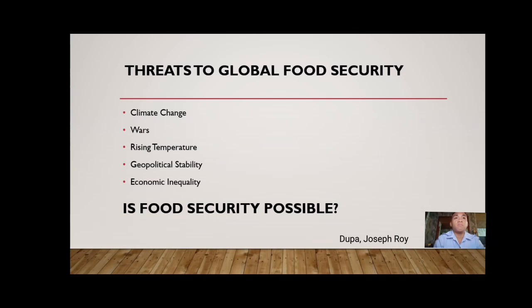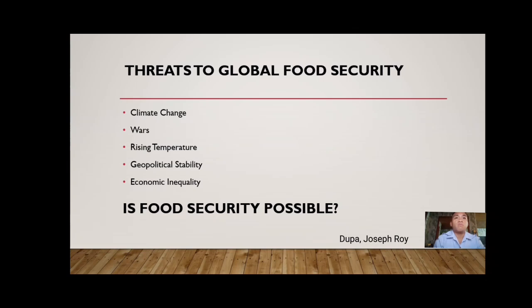In addition, population growth places more demand on already limited resources, including arable land and fresh water. Another factor contributing to food insecurity is unsustainable agricultural practices, such as deforestation, overuse of pesticides, and soil degradation, which reduce the long-term viability of food production systems.